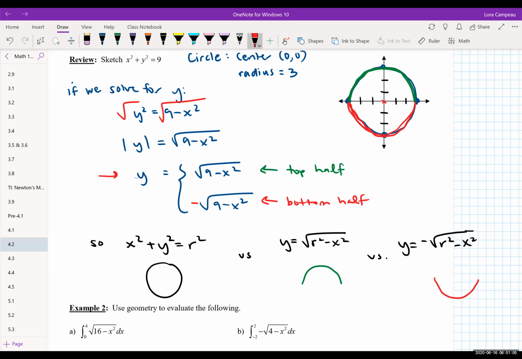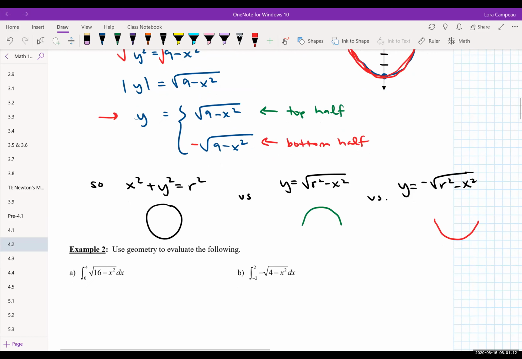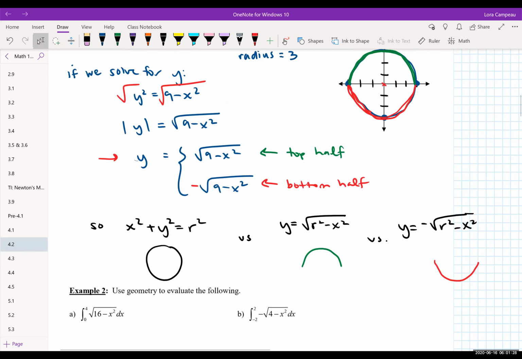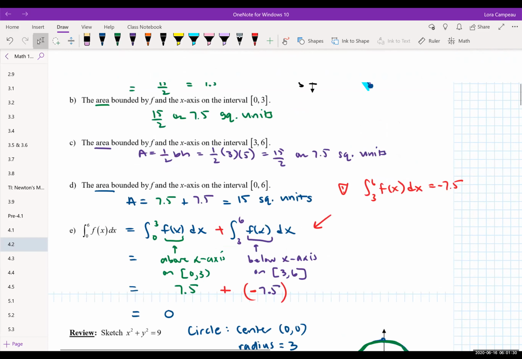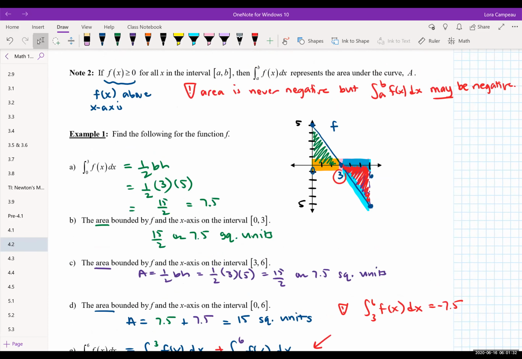So now if we look at trying to understand when we insert actual functions in the integral notation, it's really useful if you recognize what type of equation you might have, because then you can relate it to a shape, possibly. I know we did a lot of work with triangles in section 4.1 and even in example 1.